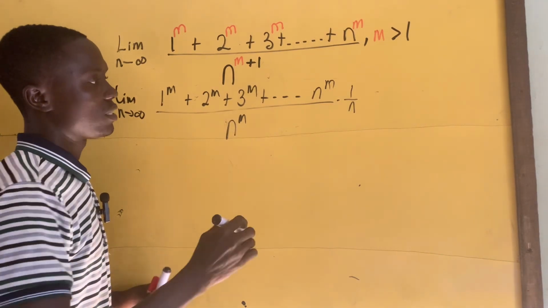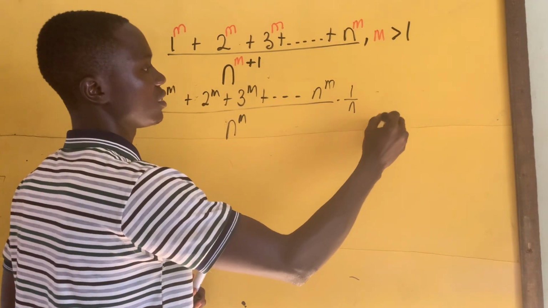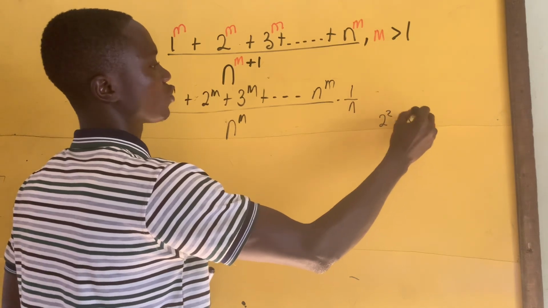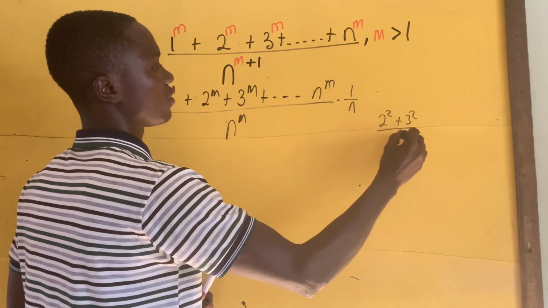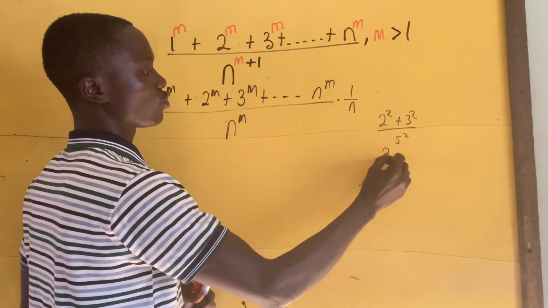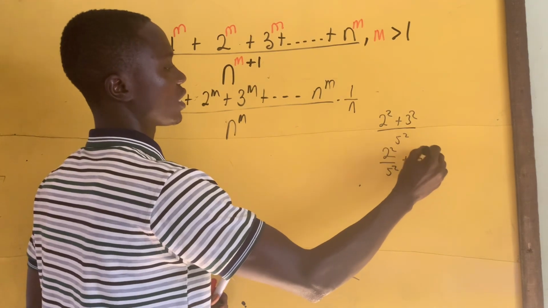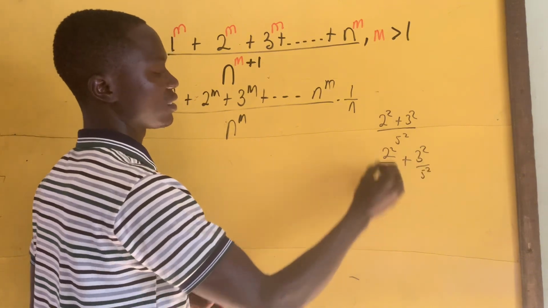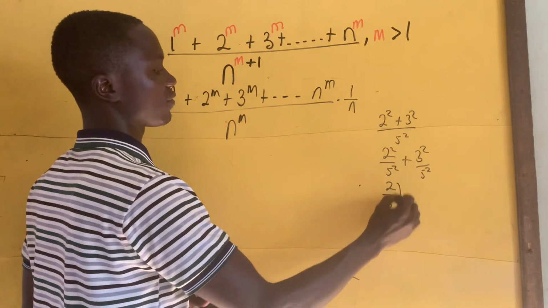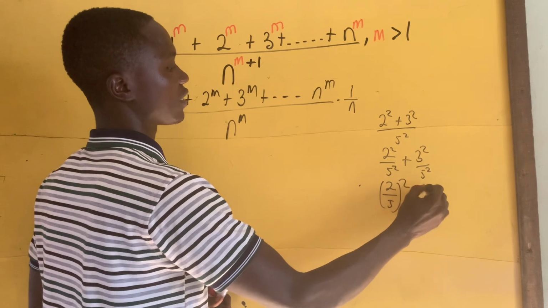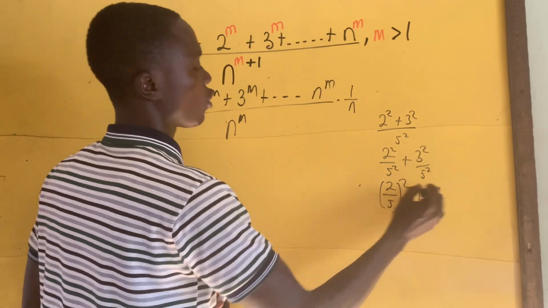Now, if I have, let's say, 2 squared plus 3 squared divided by 5 squared, that is the same as 2 on 5 all squared plus 3 on 5 all squared.